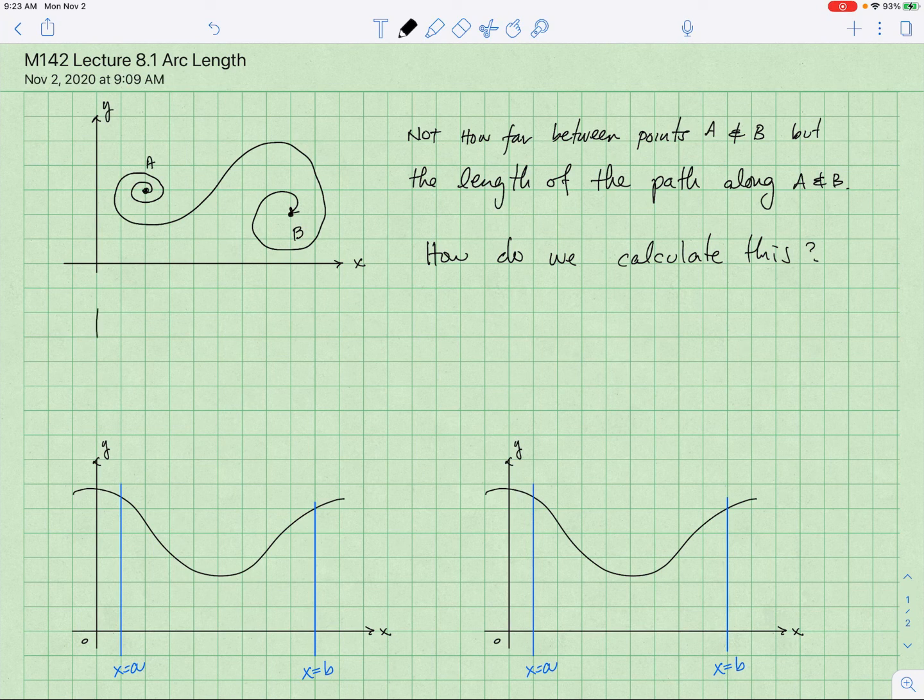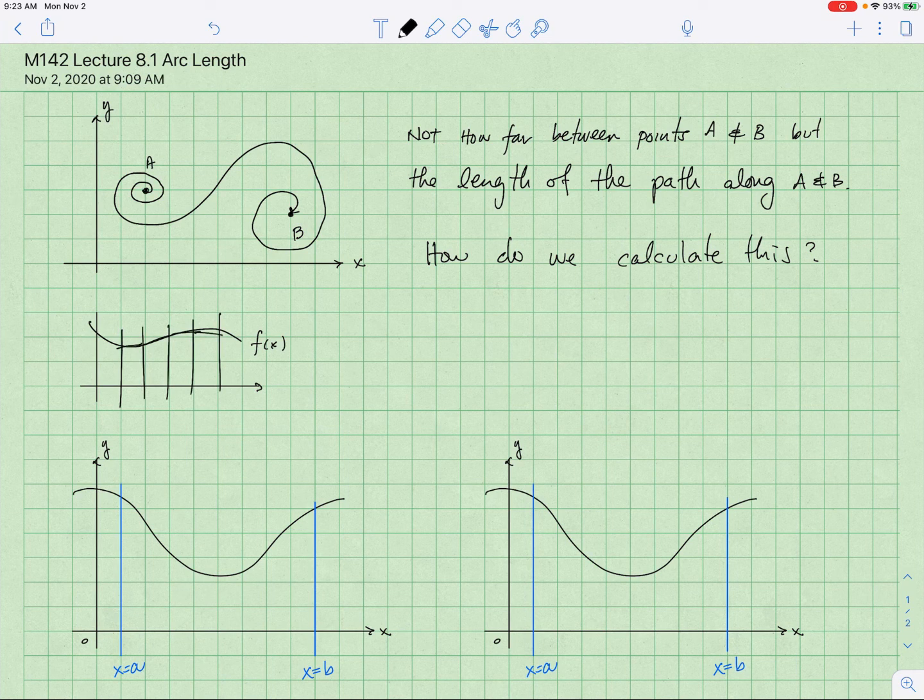If this was Calc 1 and we were calculating area under a curve, I just draw a little bit of a function here. That's f of x. You begin to calculate that area, or at least approximate it, by cutting it up, as we saw in section 7.7, into small approximating bits.